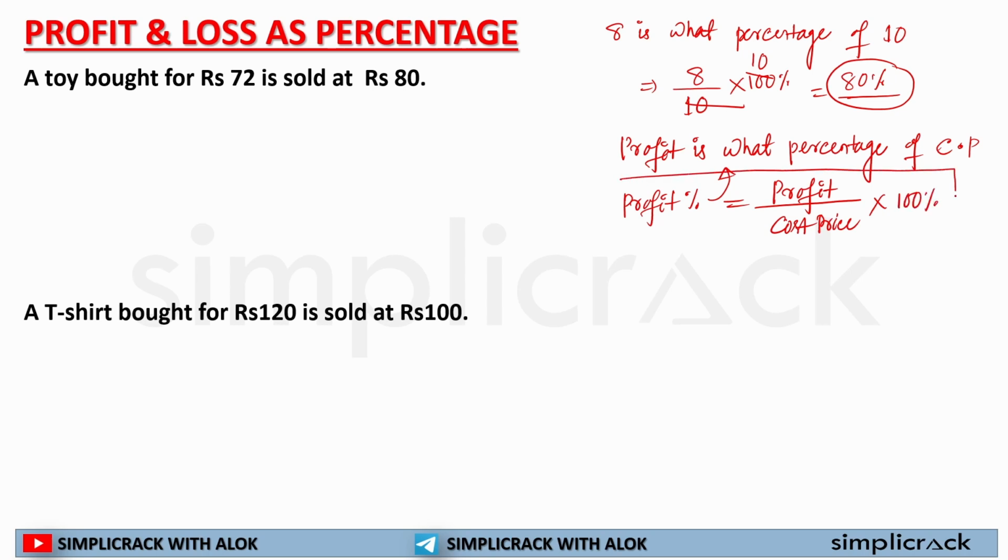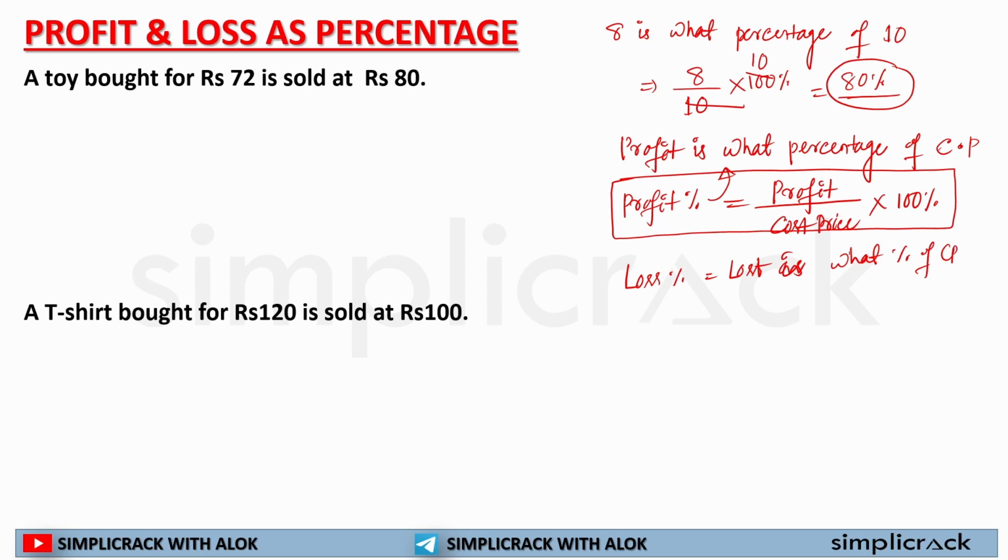I hope this is clear. This is the same as the example over here, 8 is what percentage of 10. Same goes for loss percentage. Loss percentage is loss as what percentage of cost price.